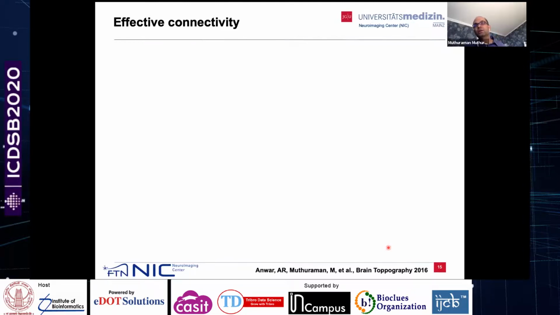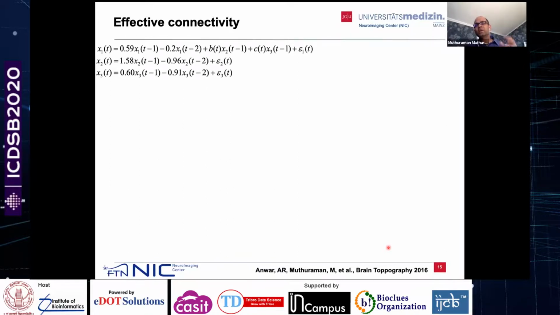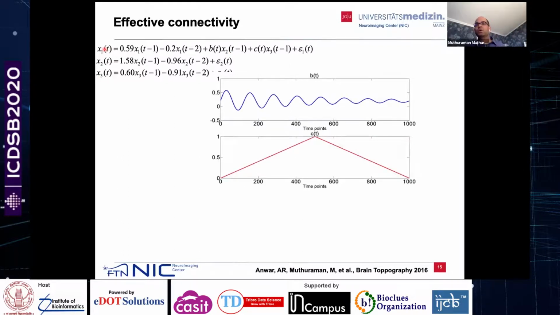Here I show a simple model simulation. So we have 3 time series from the brain. And what we show here is that time series X2 is giving information to X1, and the same happens with X3. And they have a time dynamics. So this connection, which is shown here, has a waxing sine wave, for example, and X3 is a triangular wave.